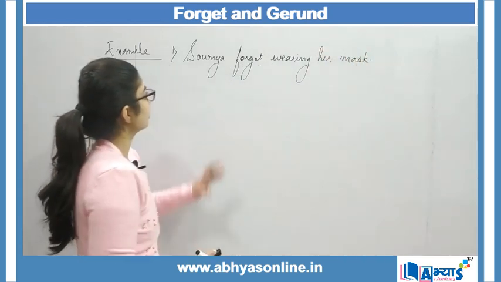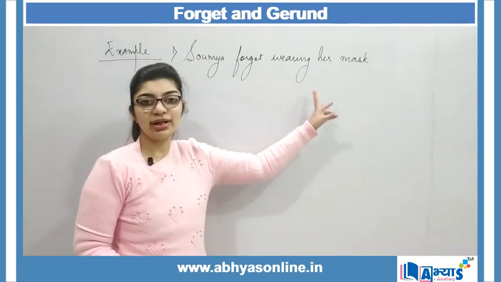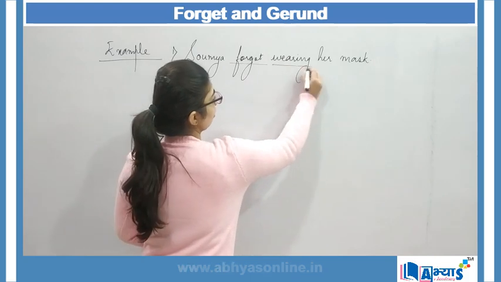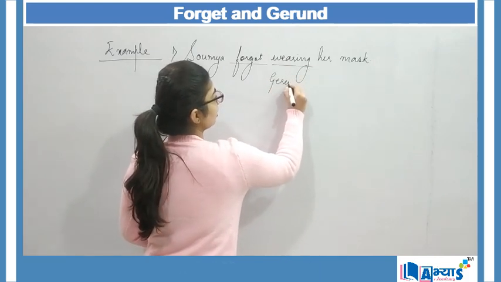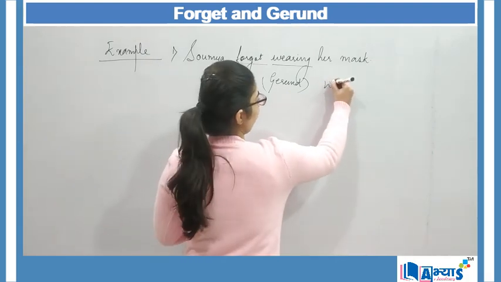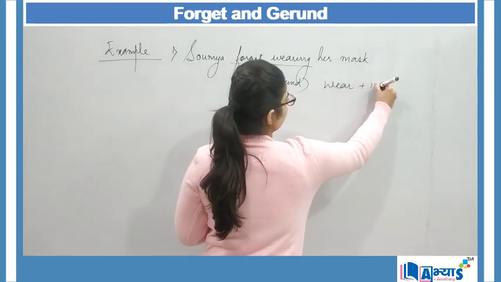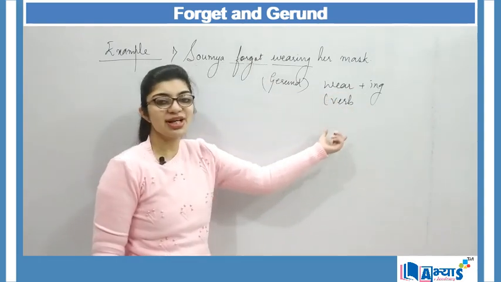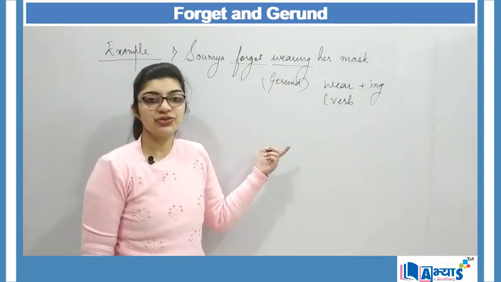Now when I said Soumya forgot wearing her mask, over here I am making use of forgot plus gerund. Wearing over here is a gerund. Why? Because wear plus ing, where wear is my verb and verb plus ing refers to a gerund.